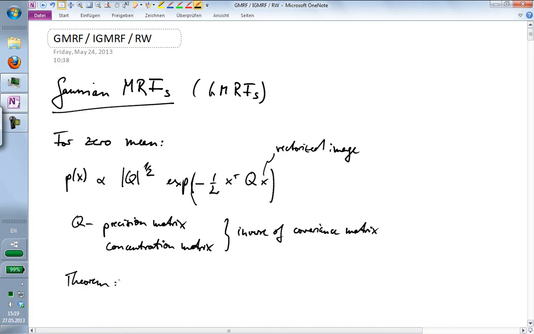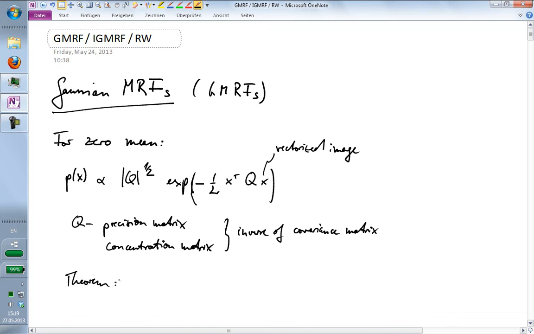And there's a theorem, so it's known for distributions of any type, that if the partial correlation between two random variables is 0, then the corresponding element of the precision matrix is 0.